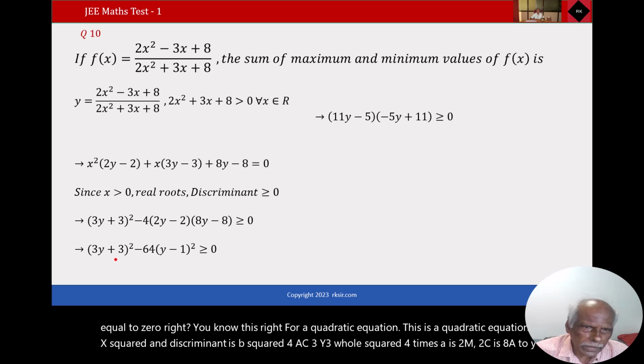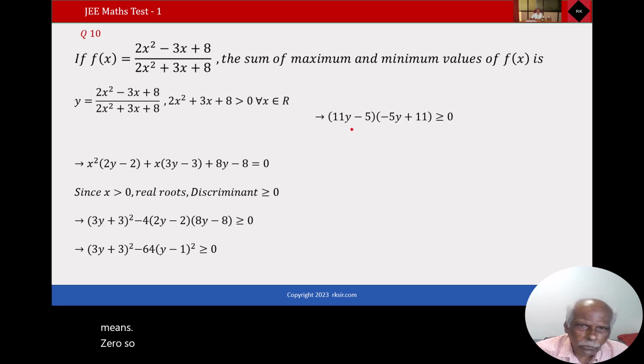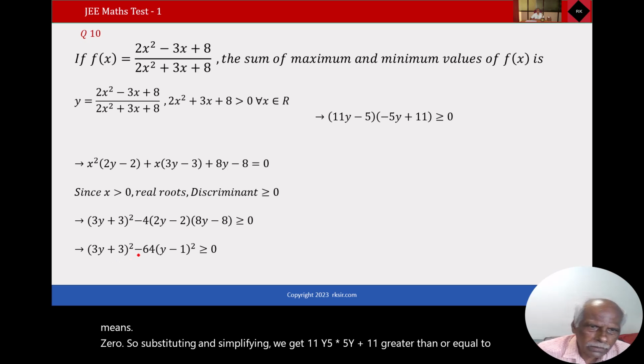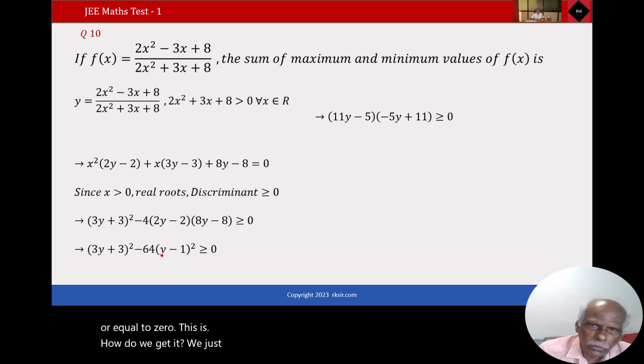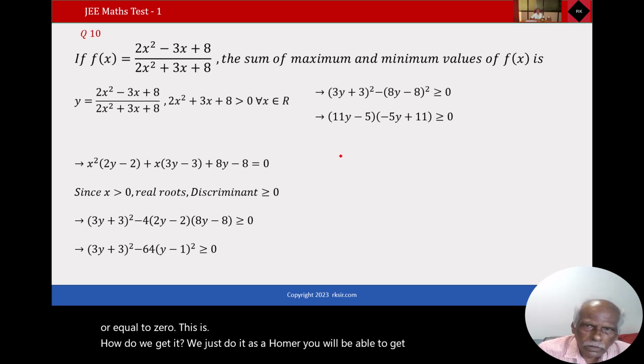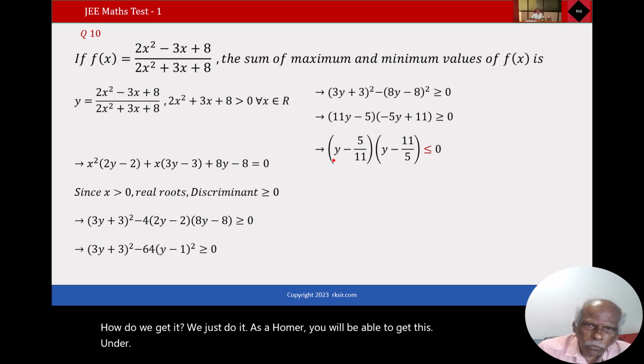So substituting and simplifying, we get (11y − 5)(−5y + 11) greater than or equal to 0. How do we get this? You just do it as homework. You will be able to get this. And (y − 5/11)(y − 11/5) is less than or equal to 0, because I have changed the sign now.